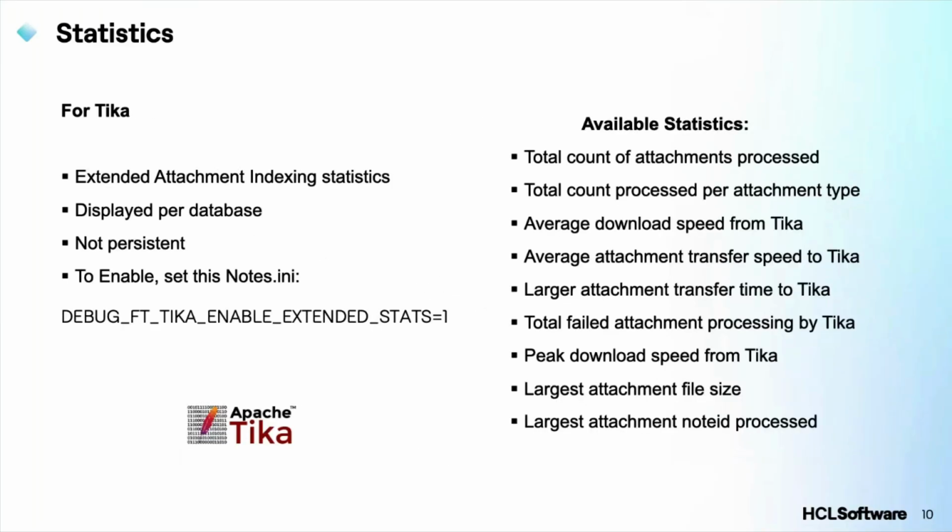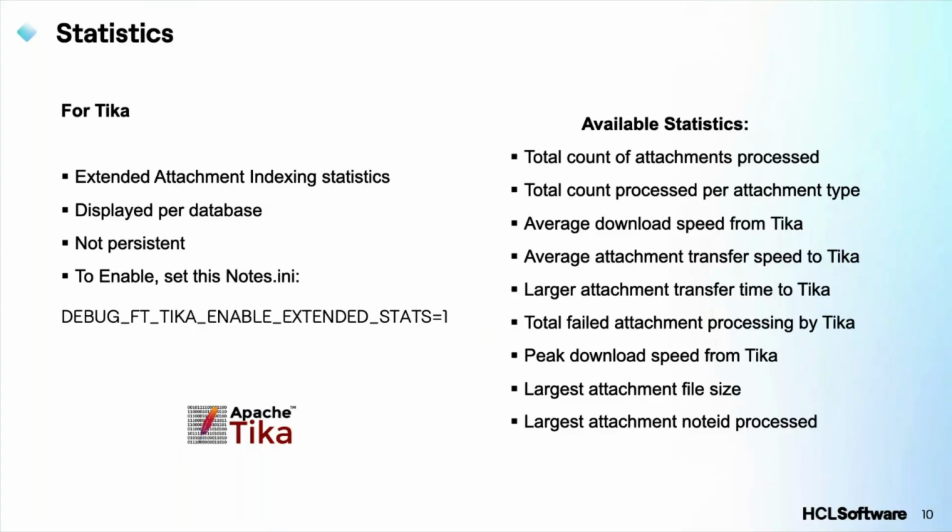Speaking of statistics, we also added some statistics for people who leverage full text indexing to a large extent. Customers wanted to take a closer look at how the Tika engine is performing on a particular database. And you can now peek into this by enabling the extended statistics for Tika.